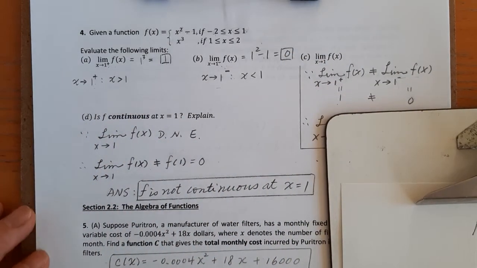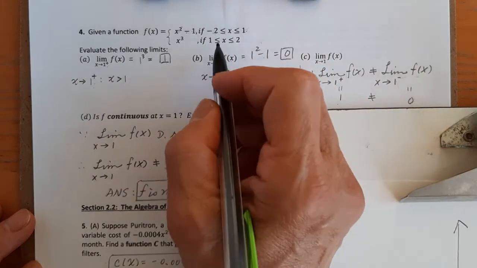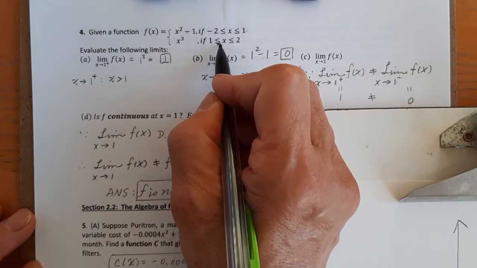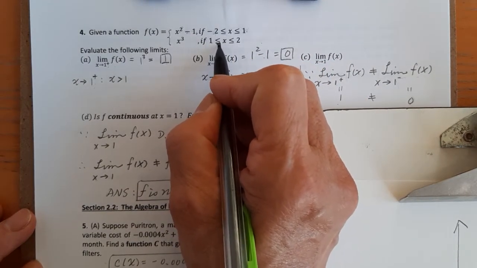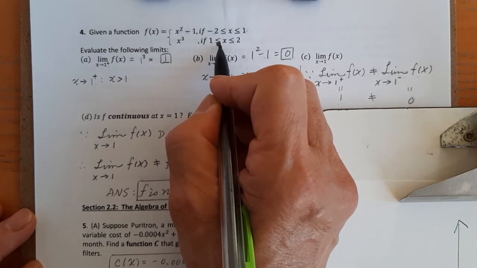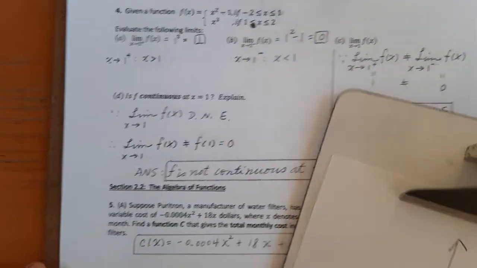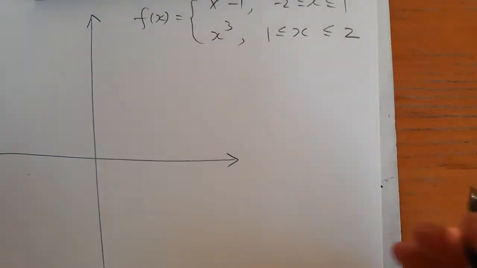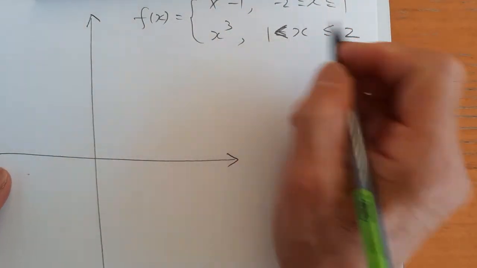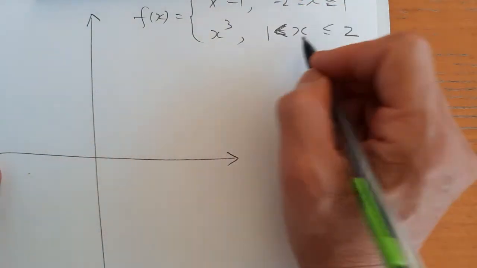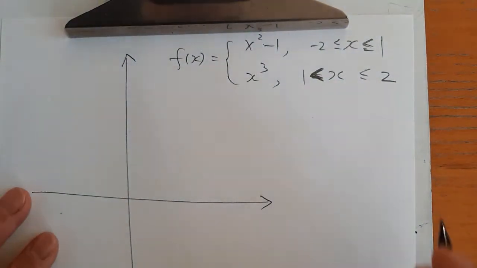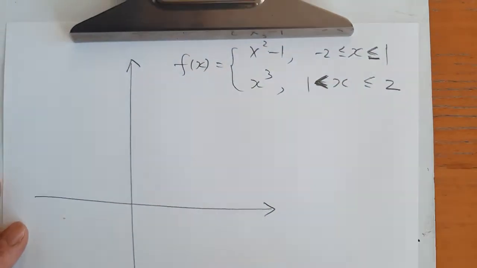I shouldn't have this equal sign. No equal sign. Here, this is less than, because the equal sign goes here and less than here. Only here has the equal sign.